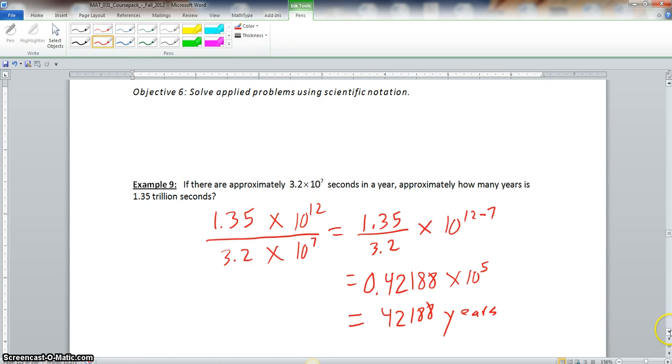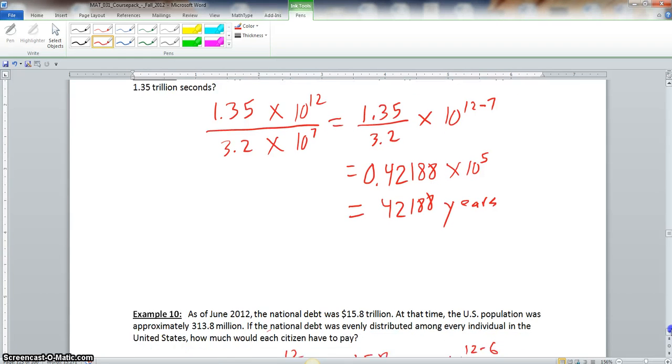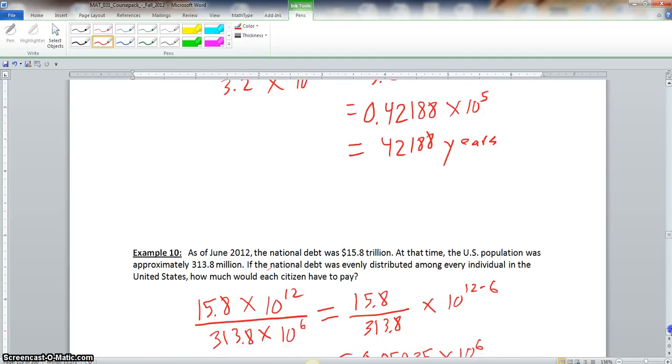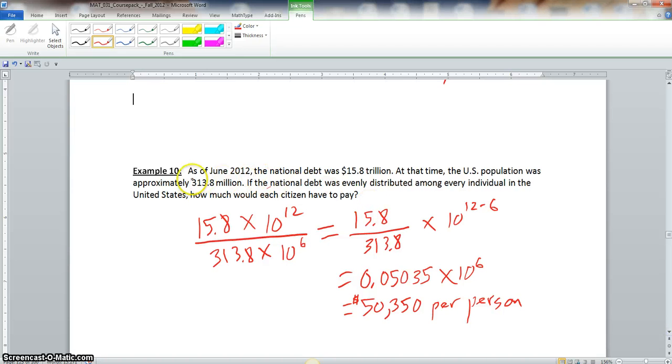Now, we scroll down here to the last problem of this exercise, example 10. I took the liberty of doing example 10 as well. Now, it says as of June the 12th, the national debt was 15.8 trillion. Now, remember from the previous problem, trillion is represented by 10 to the 12th power.